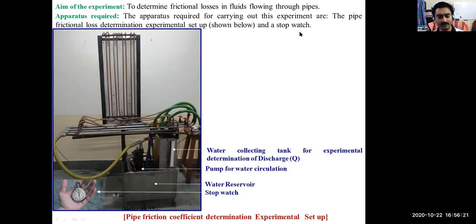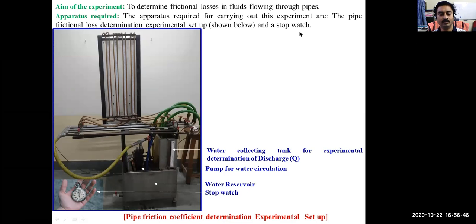I've shown the stopwatch here. So you need the stopwatch for measuring the time taken to fill up the discharge tank to a specific height. That height is known, the cross-section area is known. Multiply the height with the cross-section area. That will give the volume of water collected. The volume divided by the time taken to fill it will give the discharge.